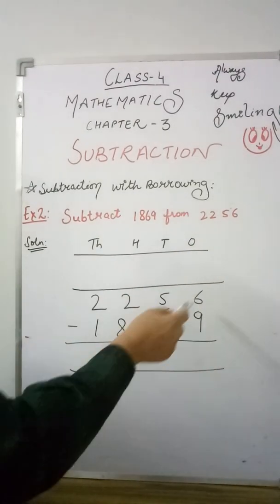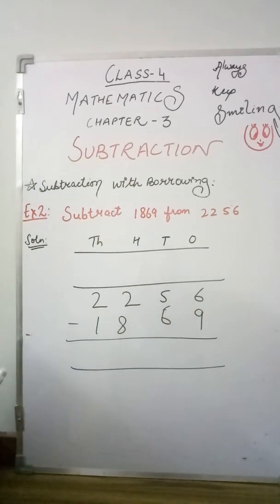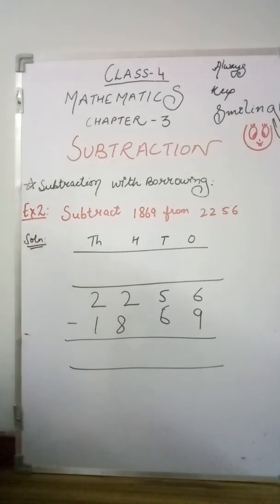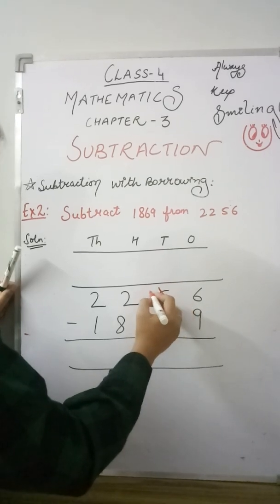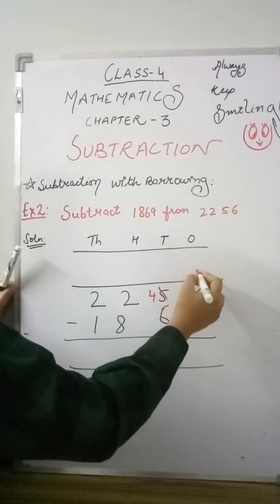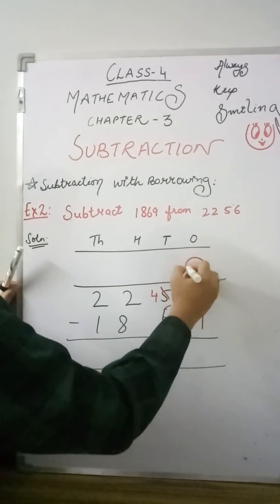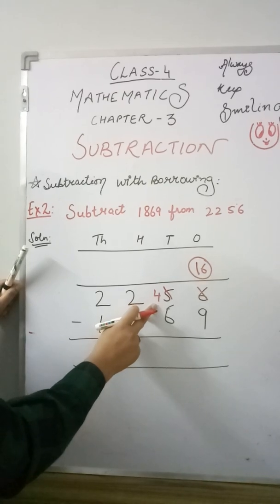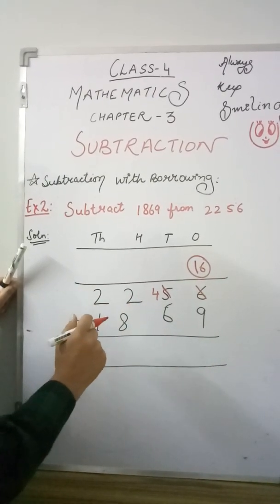Ones place: again I have to subtract from the ones place. 6 is smaller than 9, so it wants some help. So this time the ones said to the tens, please help me out. The tens said okay, I'll give you 1 ten, so 1 ten plus 6, it becomes 16. Now the tens said, now I am a smaller number again, how can I subtract 6 from me?